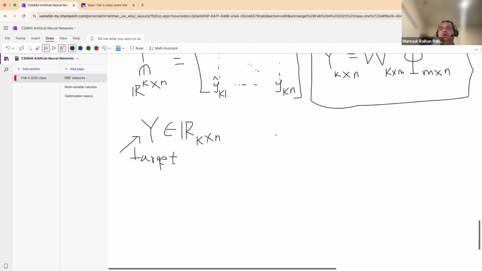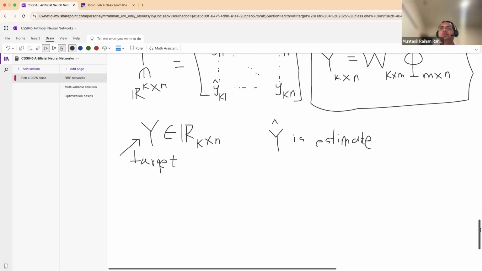And what I'm outputting from the network is my estimate, right? So what do we want to do? What type of parameters W do we want to learn? And what is our objective?